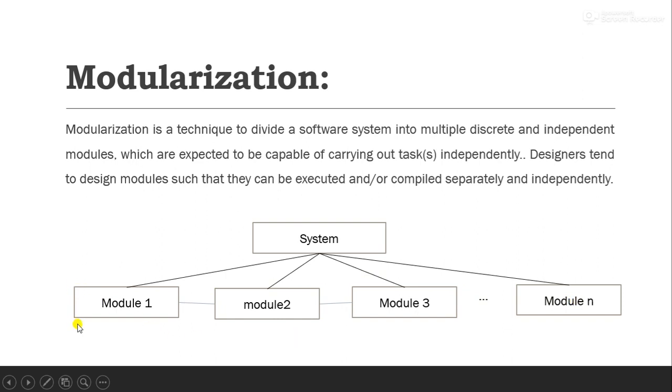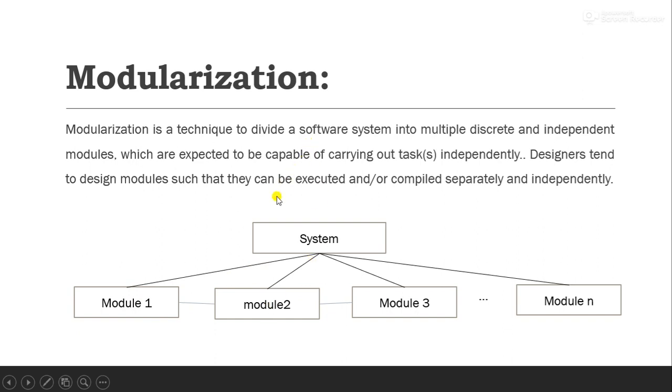Independent modules means the failure of one module should not hamper the working of other modules. For example, suppose module 1 may fail, or due to some technical issues module 1 cannot perform its tasks, the failure of this module should not hamper the working of other modules.